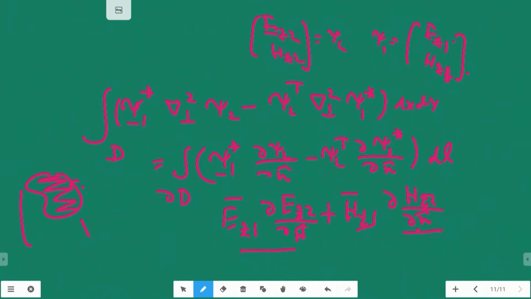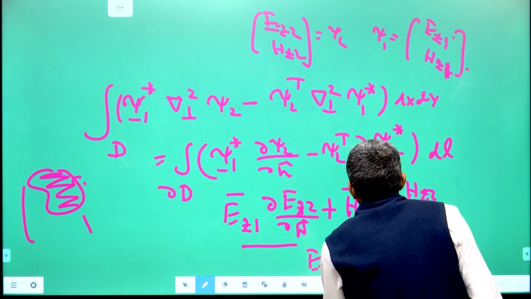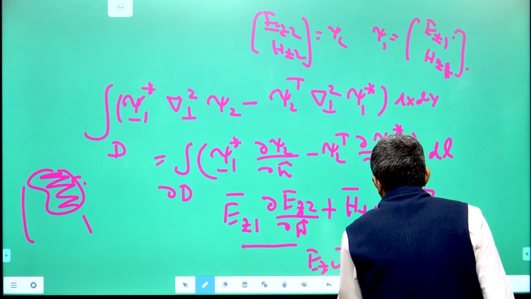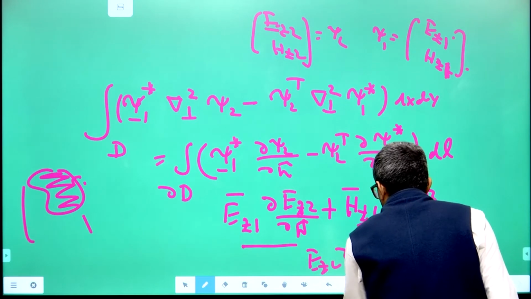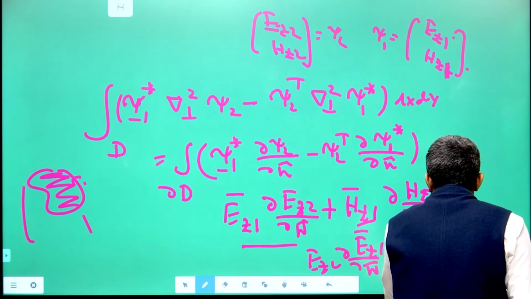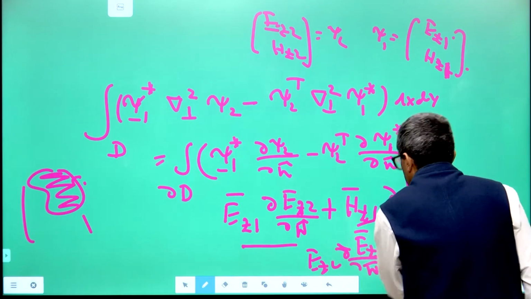Likewise for this one, the second term is nothing but Ez2 into dou Ez1 bar by dou n cap plus Hz2 into dou Hz1 by dou n. So dou Hz1 by dou n vanishes on the boundary and Ez2 vanishes, so both these terms will drop off.